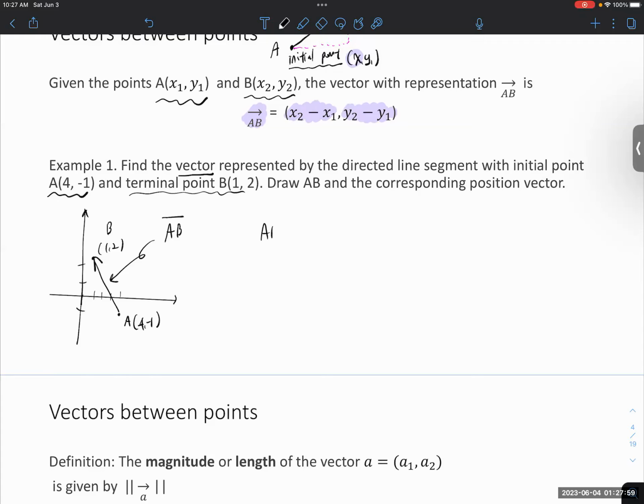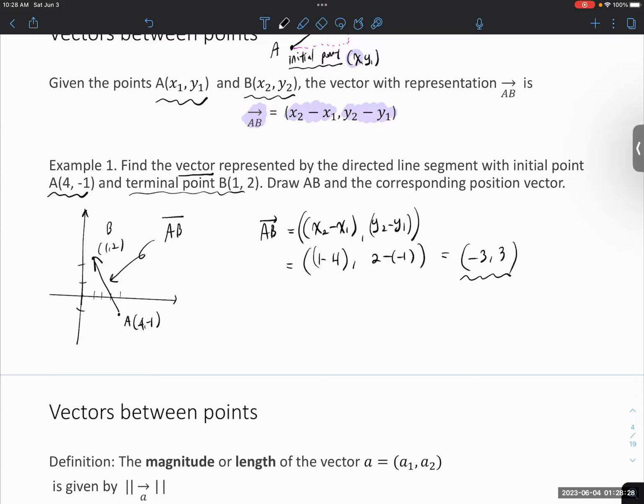So the vector AB, which means from A to B, we subtract: x2 minus x1, comma, y2 minus y1. So x1 is 4 and x2 is 1. So 1 minus 4, comma, 2 minus negative 1. So it's going to be negative 3, 3.